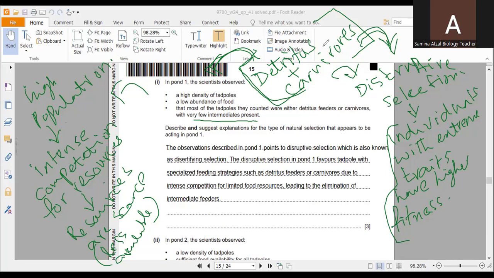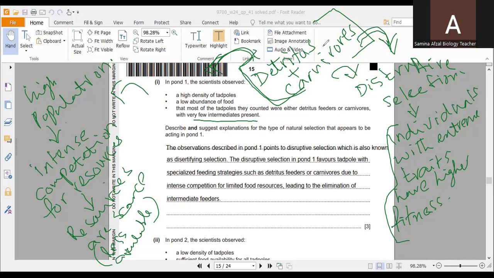Why is this selection acting? Because these two types of tadpoles have specialized adaptations in their bodies.